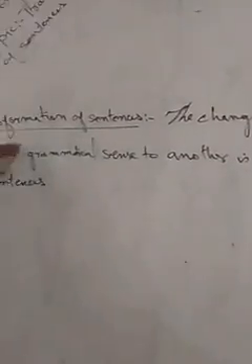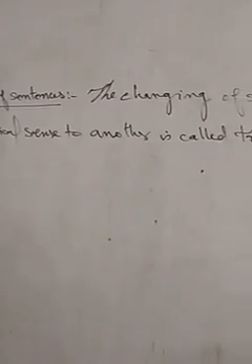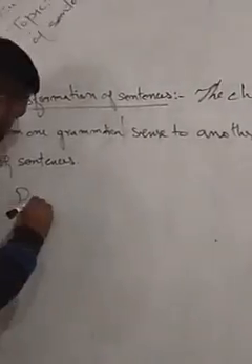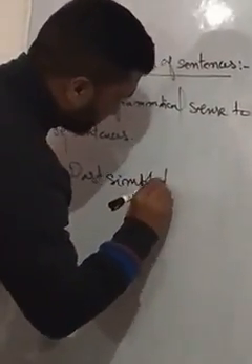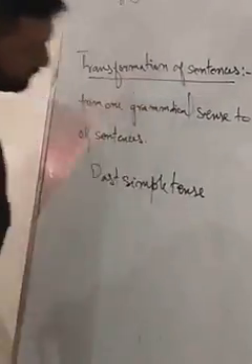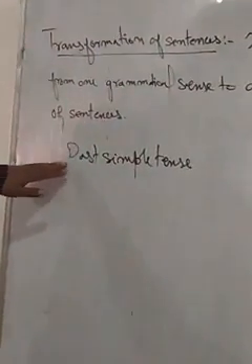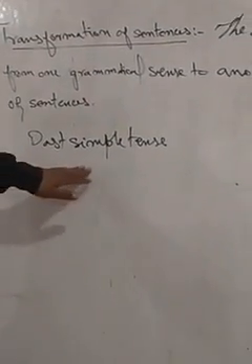We shall start this process of transformation right from the past simple tense, as you have already learned that. Past simple tense. As you may know, this tense is also called past indefinite tense.